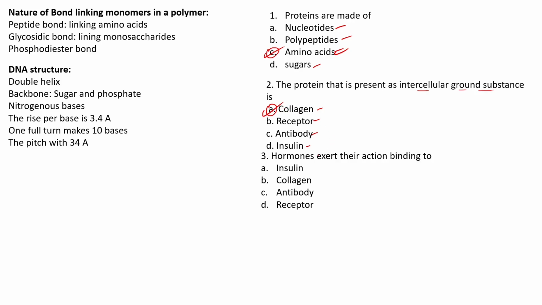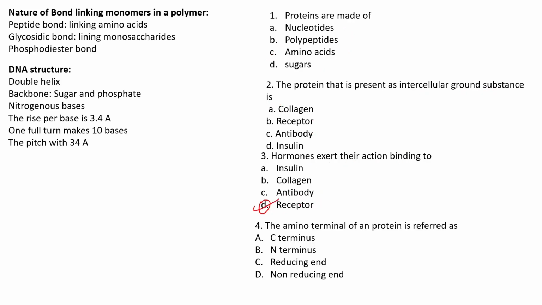The next one, the hormones mainly exert their action by binding to the insulin, collagen, antibody, receptors. We know that the hormones bind to the receptors and they can exert their actions, right? So we can say that D is our answer for this particular question.